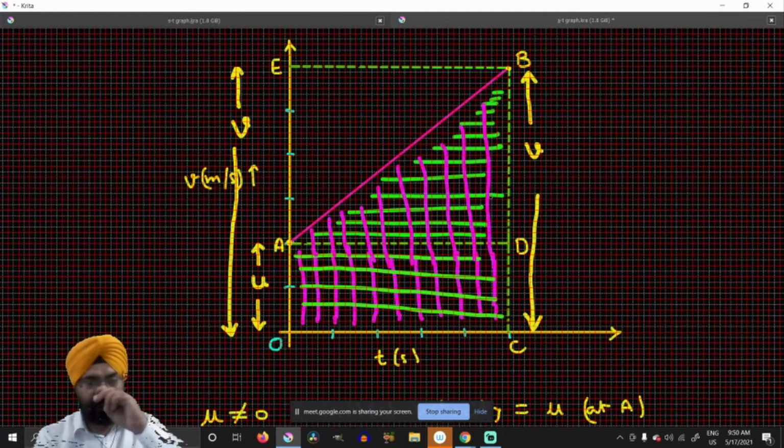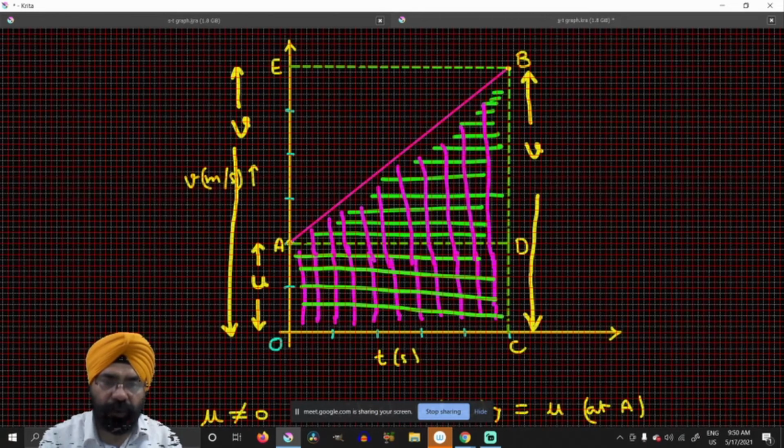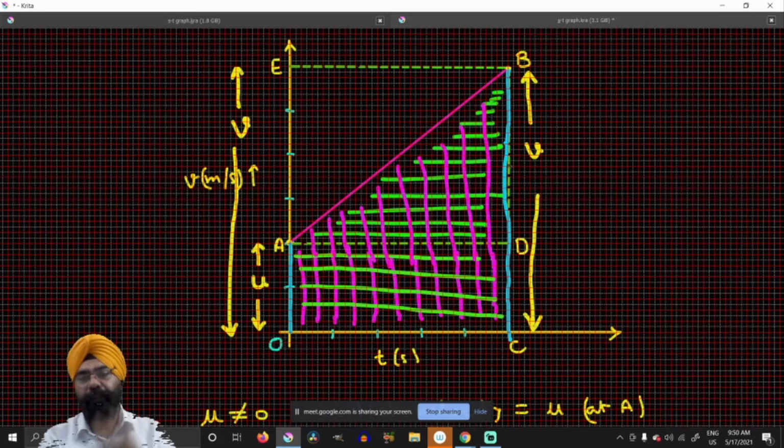Which are the two parallel sides? AO and BC. The blue line AO is parallel to BC. You can see that, right?